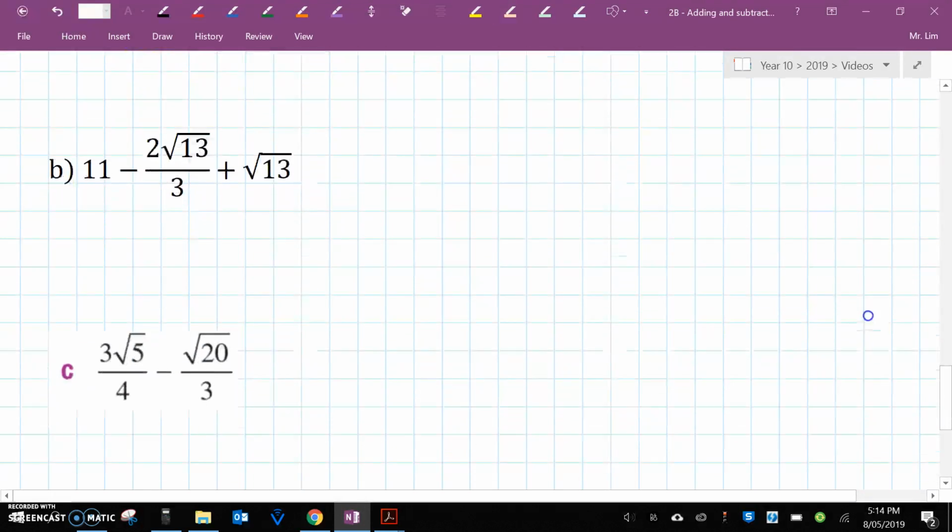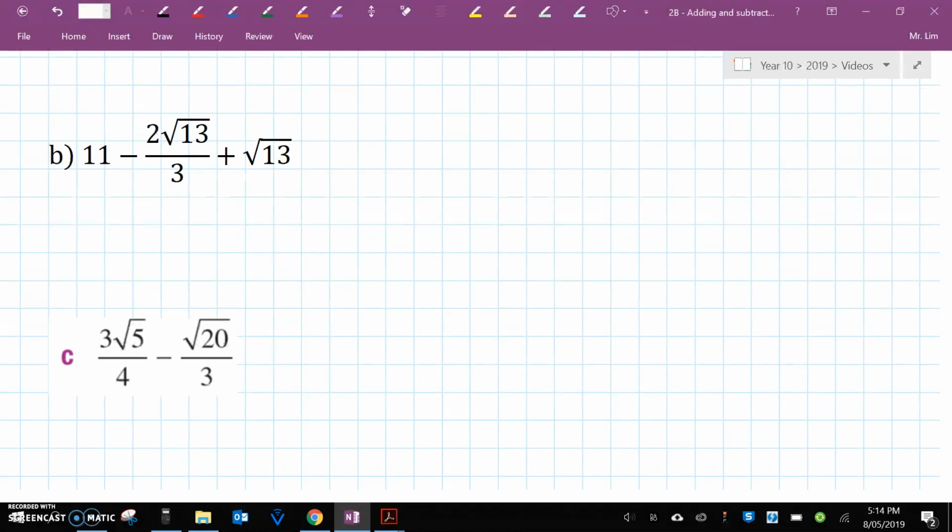Question B. Here we have 11 minus 2 root 13 over 3 plus root 13. Again, they don't have the same denominator. So I'm going to make them all have the same denominator by multiplying everything by 3. I'm going to put everything over 3.